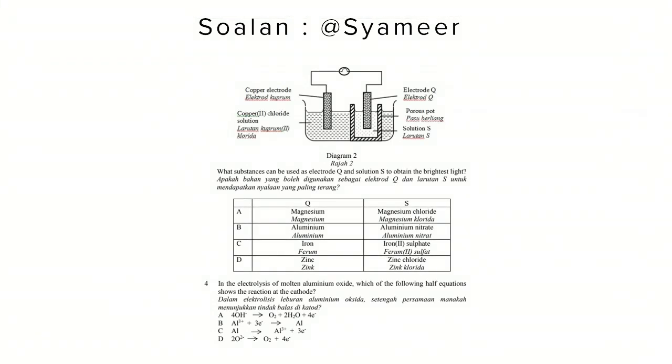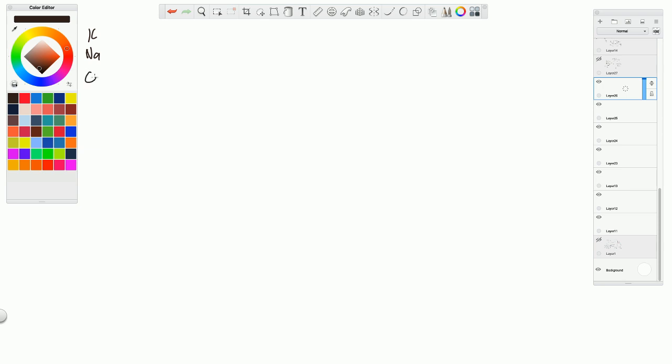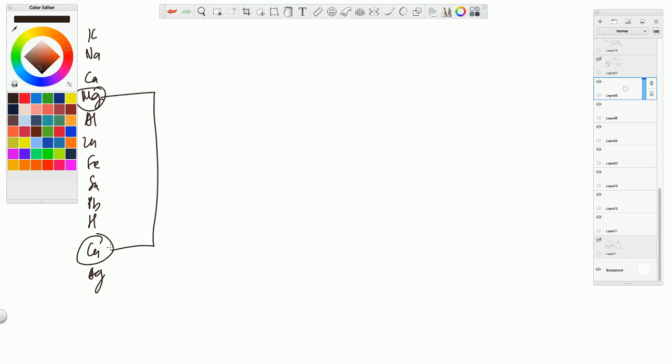The one that is the furthest away will always give the brightest light, the highest voltage. That's what I mean by furthest away. So here's copper. So magnesium is here. So furthest away lah. Okay?